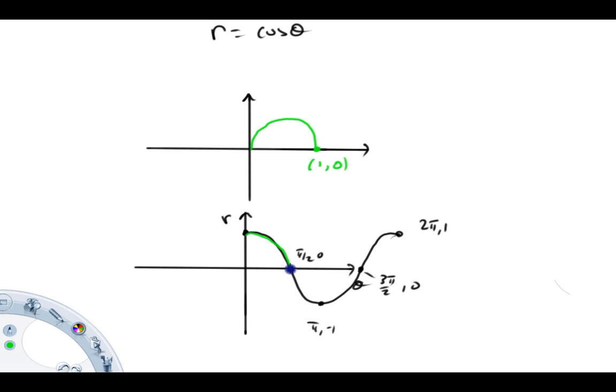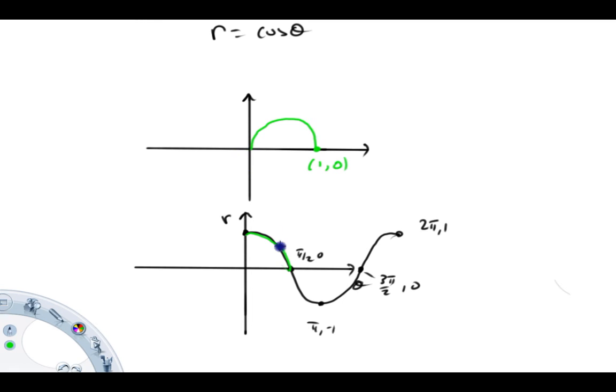Now, as we break through pi over 2, the first thing to notice is the radius becomes negative. Basically in polar, that means that you are going in the opposite direction. Now you notice that the radii are negative everywhere in this region. Going to my polar graph, this angle is pi, and then to here, that's 3 pi over 2.